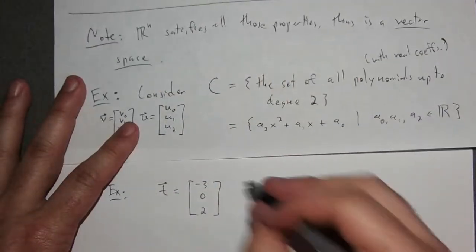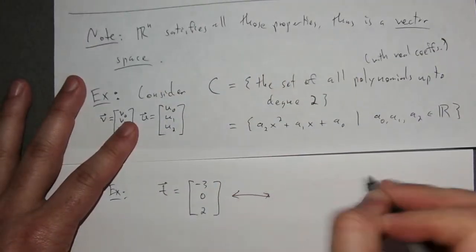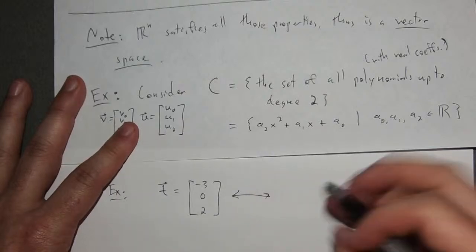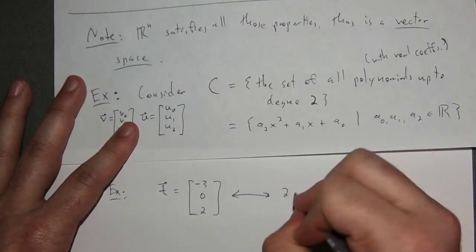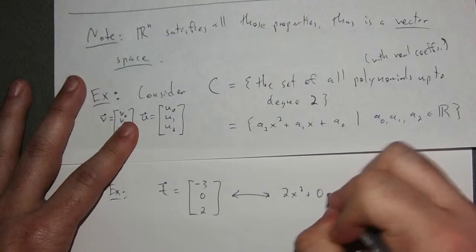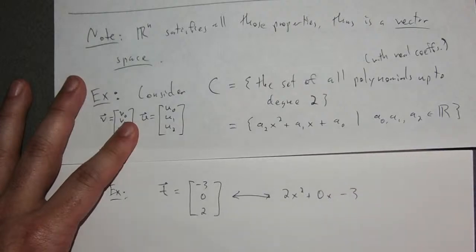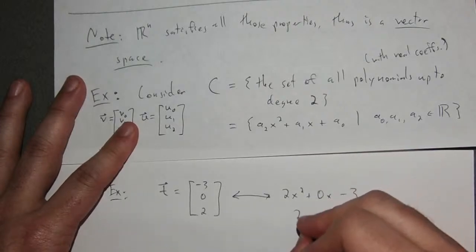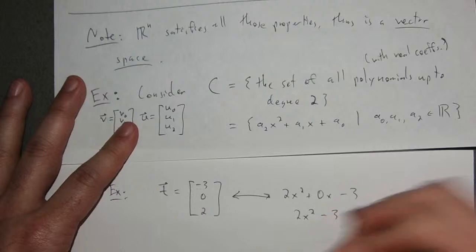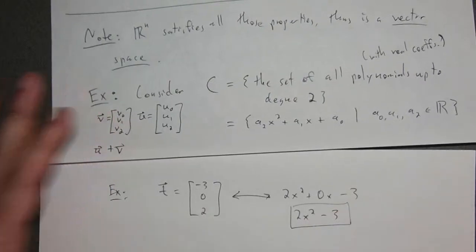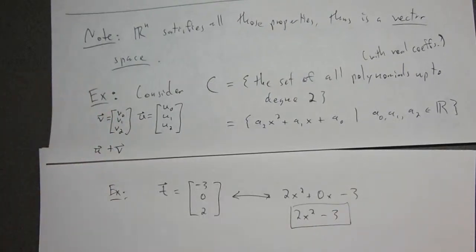This corresponds to what polynomial? It corresponds to the polynomial 2x squared plus 0x minus 3. Simplifying, it corresponds to the polynomial 2x squared minus 3. So the vector -3, 0, 2 corresponds to this polynomial.